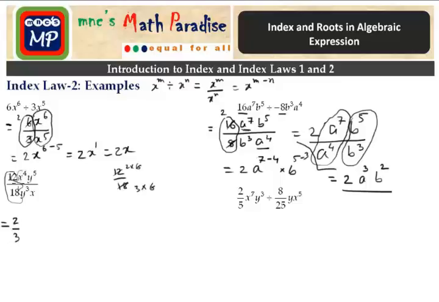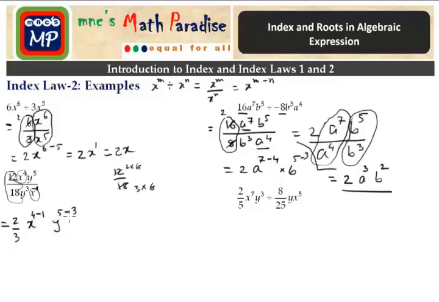Now x to the power 4, and here x with nothing means power 1. If we bring these two x together, x to the power 4 divided by x to the power 1, we get 4 minus 1. On the top the power is 4 and in the denominator the power is 1. For y, on the top y to the power 5 and y to the power 3, so it will be 5 minus 3.